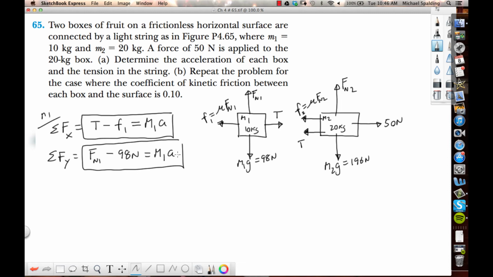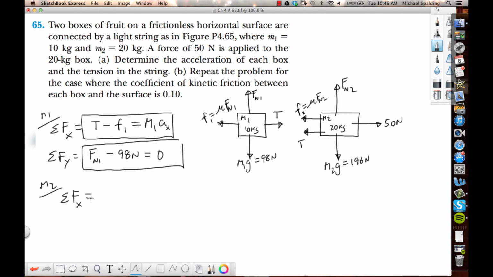But look, this is a y acceleration, this is an x acceleration. Are these objects accelerating vertically? No. So what can we do to the y acceleration? Cross it out to 0. All right, now we go to M2.